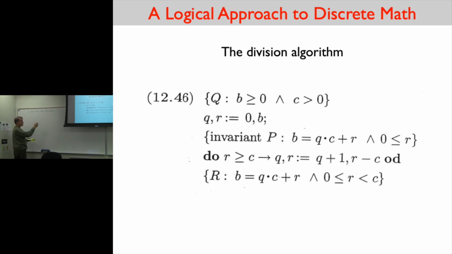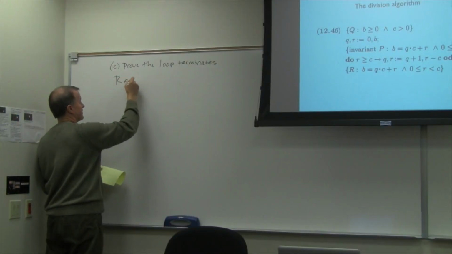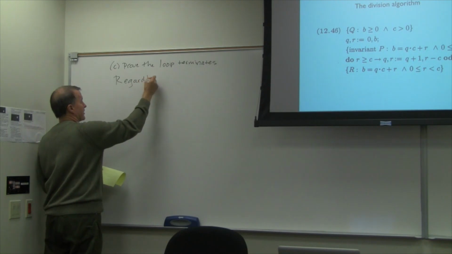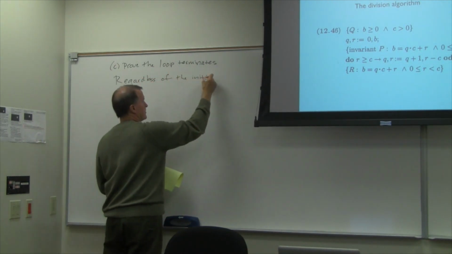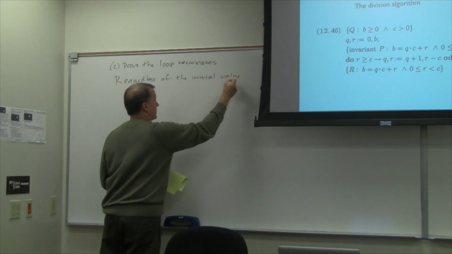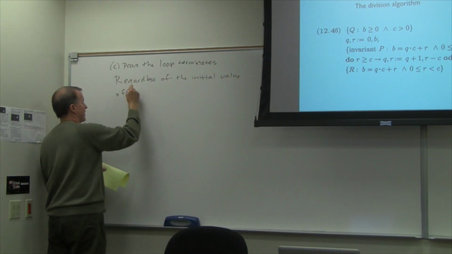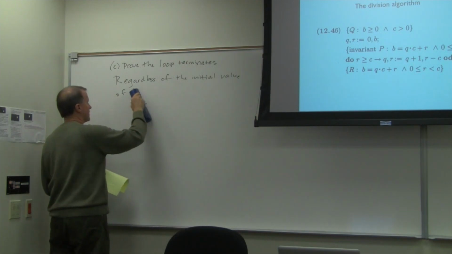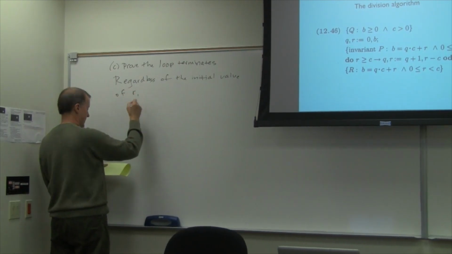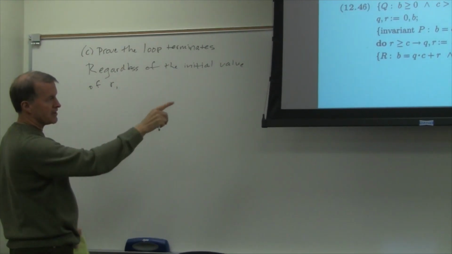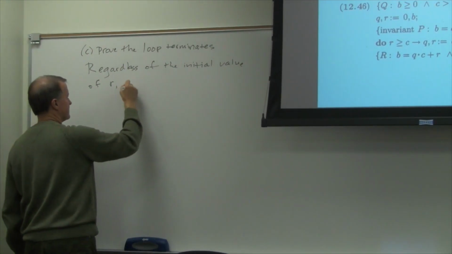So regardless of the initial value of R, let me write that out. Regardless of the initial value of little r, each time through the loop it decreases by c, right?